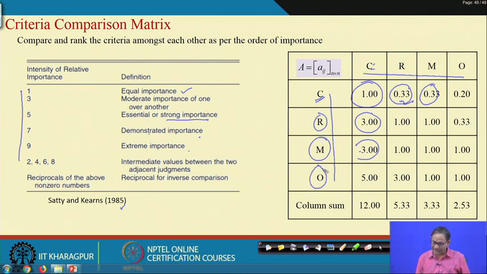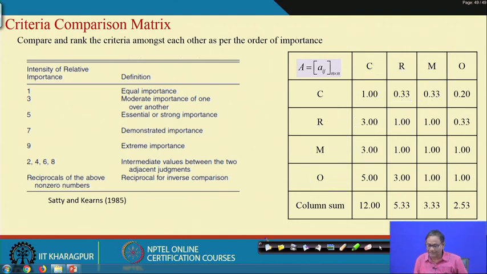Similarly, operability is 5 times more important than cost, so the reciprocal is 0.20. In this manner, cost reliability, cost maintainability, cost operability, then reliability maintainability, reliability operability, maintainability operability, this way you put the values.